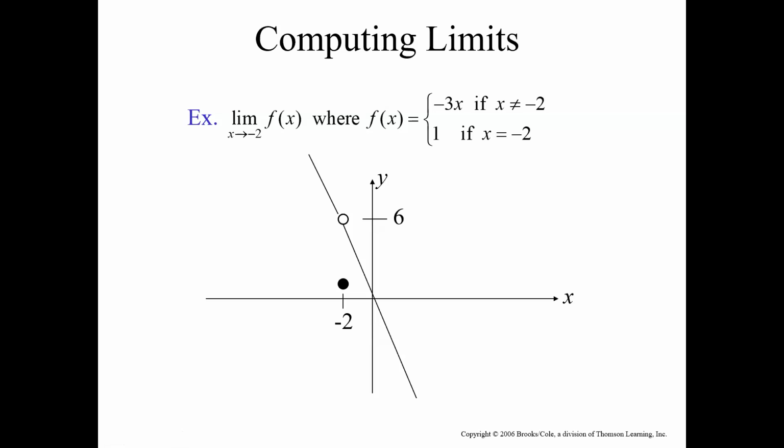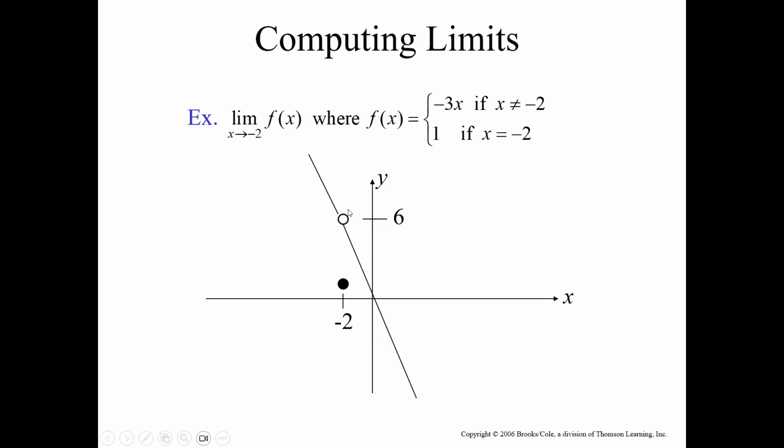An example is this. Let's take the limit of f of x as x approaches minus 2. The function that has been drawn is minus 3x. If you substitute x equal to minus 2 into the equation negative 3x, you end up getting positive 6.